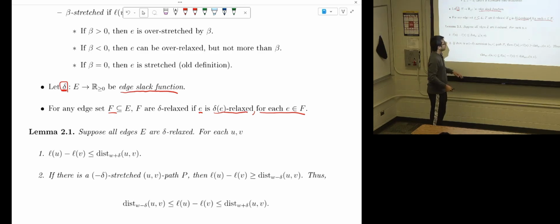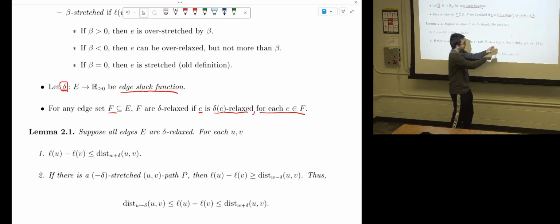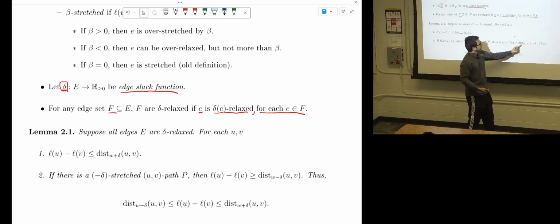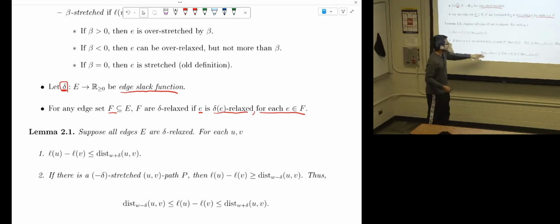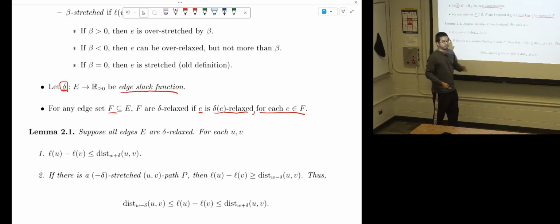Then this thing is still stretched by more than the distance, but the distance is the distance on W minus delta. So if this is true, then this thing is sandwiched between the two here.